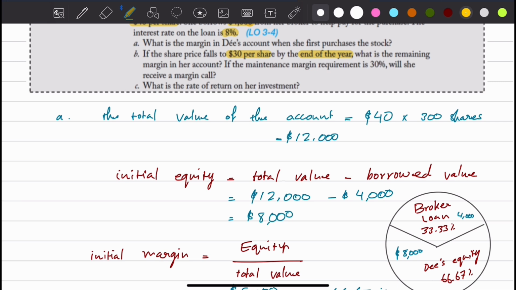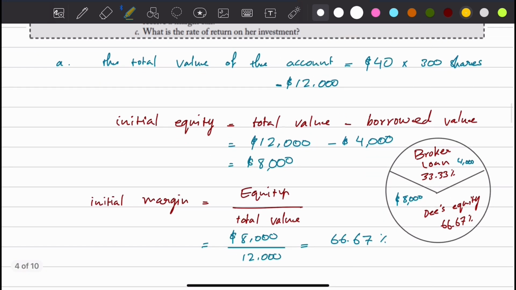Okay, going back to our sketch here, this portfolio completely is $12,000, right?